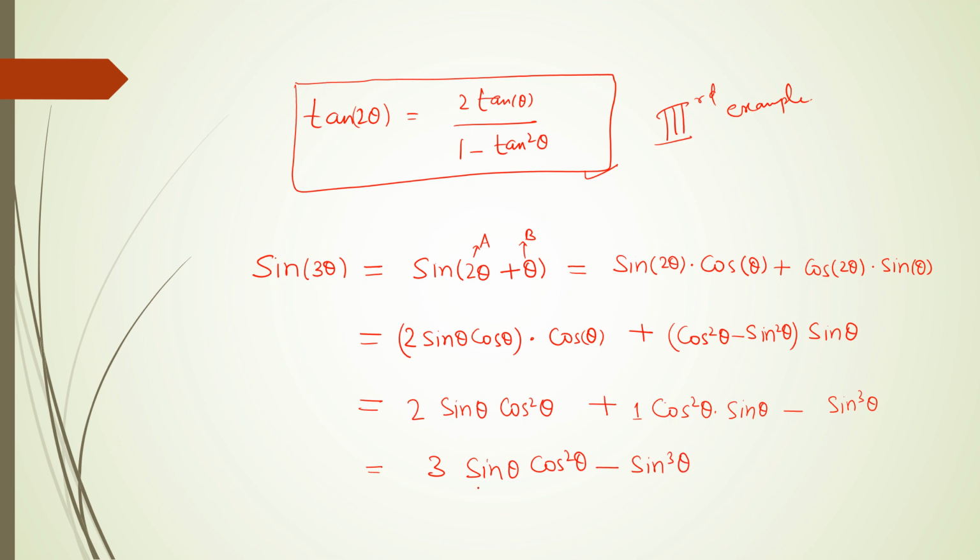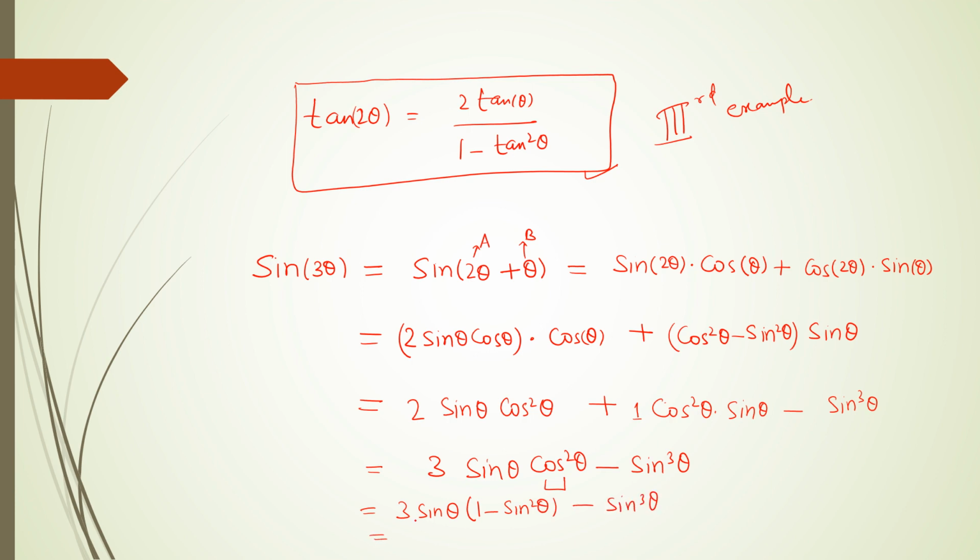But if we want each term only in sine, we know that cos square theta is nothing but 1 minus sin square theta. So we can write 3 sin theta into 1 minus sin square theta minus sin cube theta.